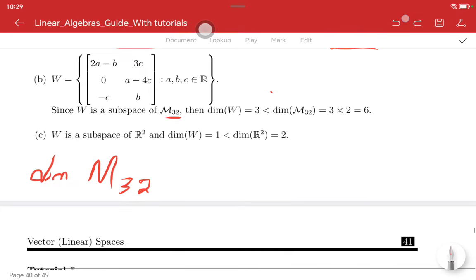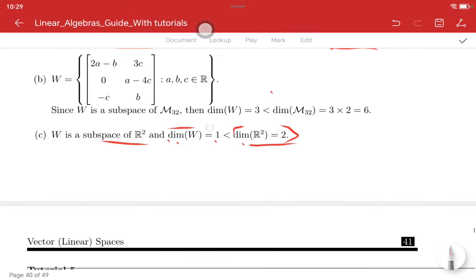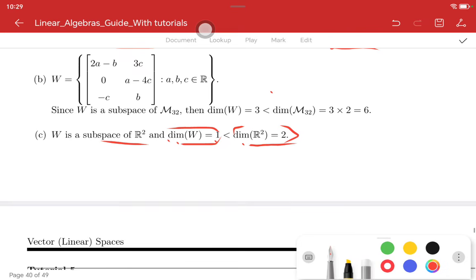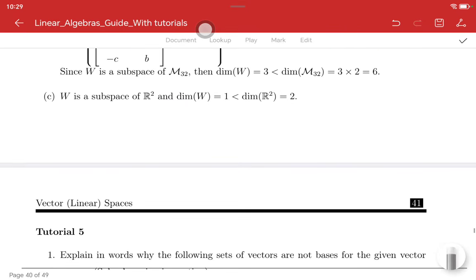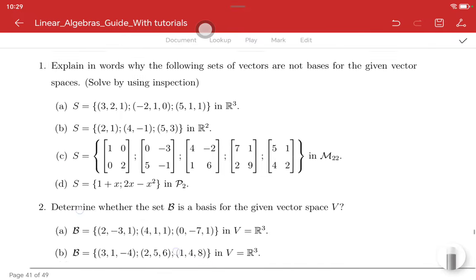You say, right? The same thing as the dimension of R2. The dimension of R2 will be 2, but the dimension of W in that one, which passes through the origin, we found that we have 1 vector, right? Which was 1 in A. So we get that.